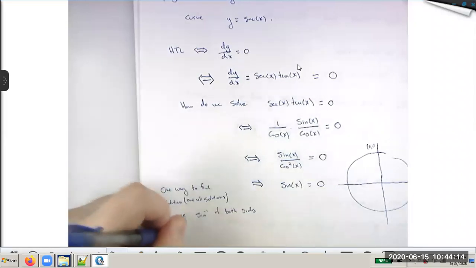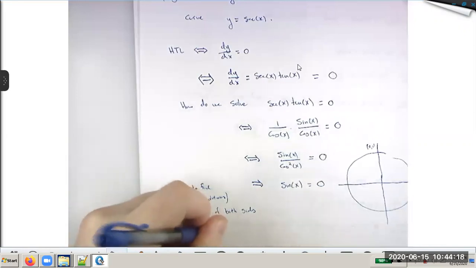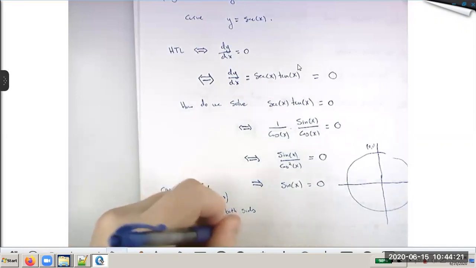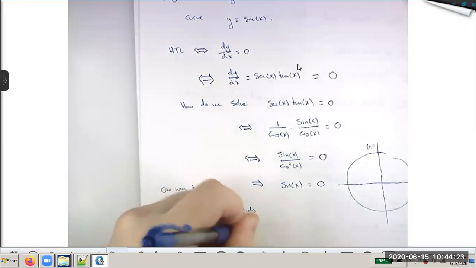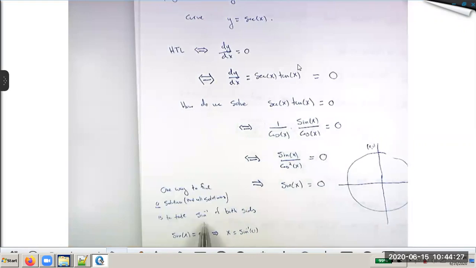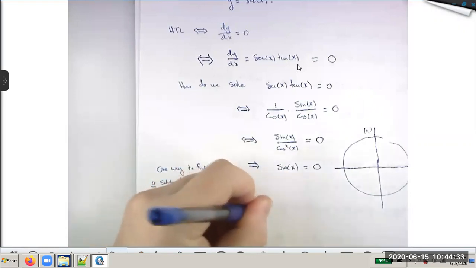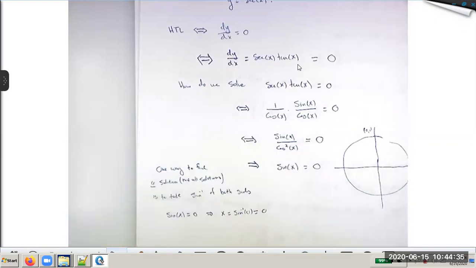If you go from sine x equals 0 to x equals the inverse sine of 0, which is what happens if you take arc sine on both sides, you go from here to here. The inverse sine of 0 is just 0. You should not be getting any syntax error there. If you did get a syntax error there, then something wasn't quite typed correctly. That will give me one solution to this equation.